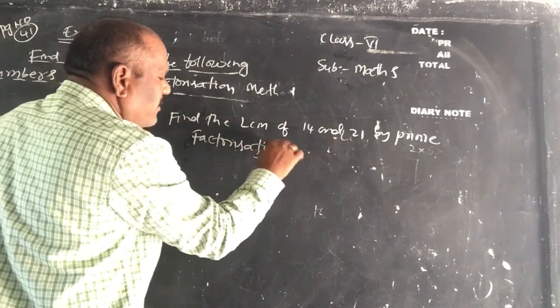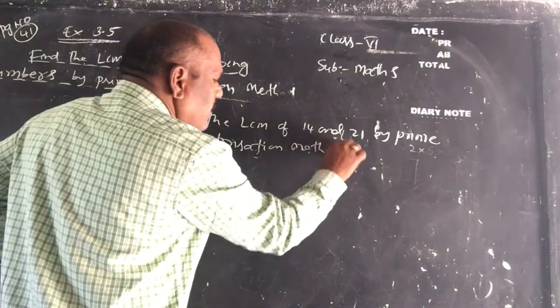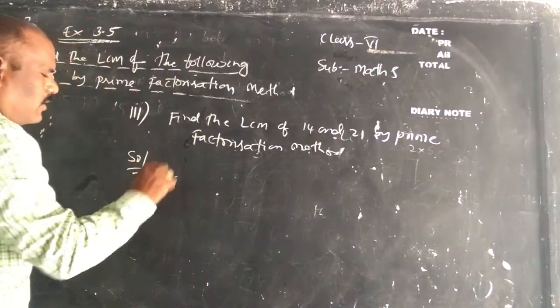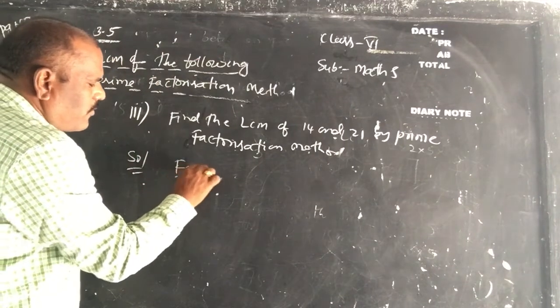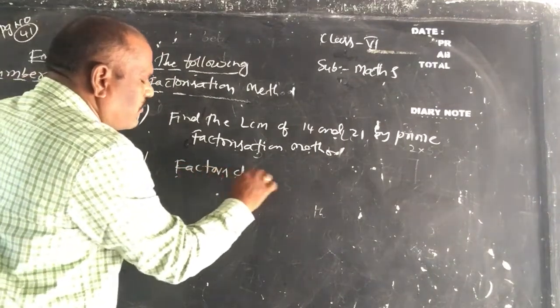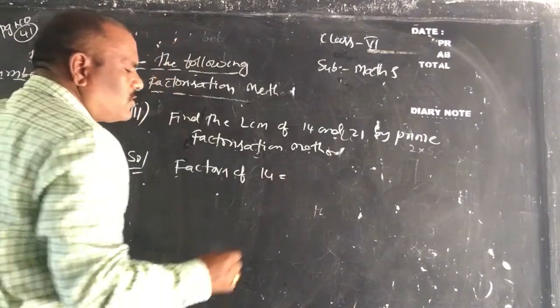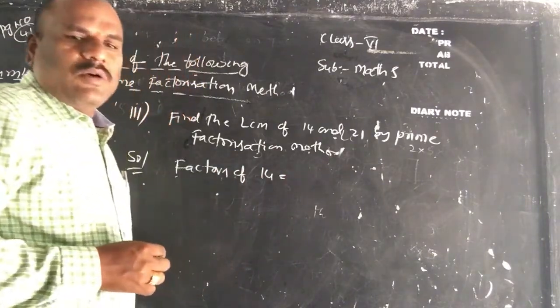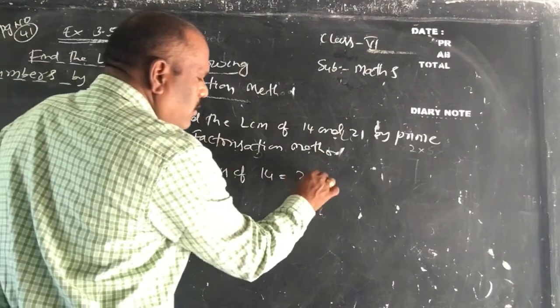Children, observe here. Factors of 14 equal, how much do you know? 2 into 7.